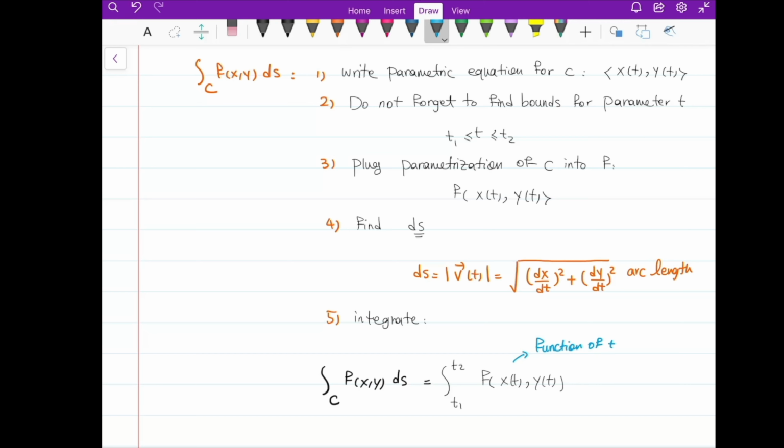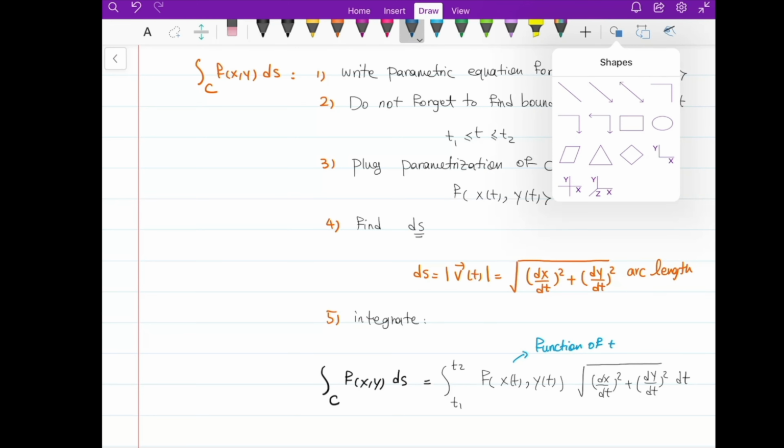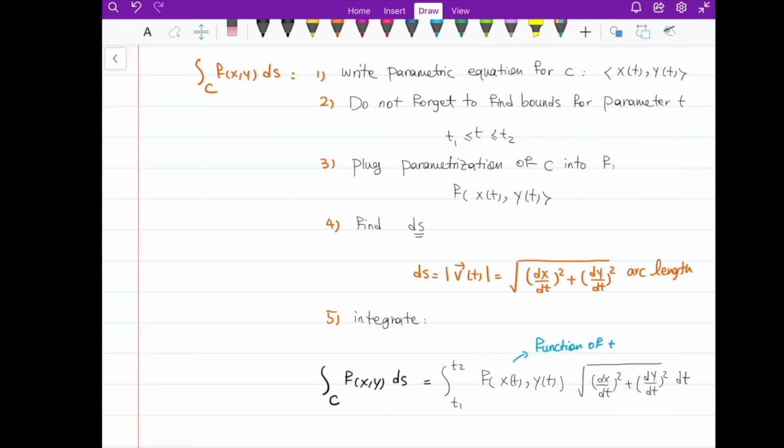And then for ds, I'm going to use the formula for the speed, which is the square root of dx dt squared plus dy dt squared, and now everything is in terms of t, so I can take the integral with respect to t. Okay, very good. So let me give you just one visualization of what we have.